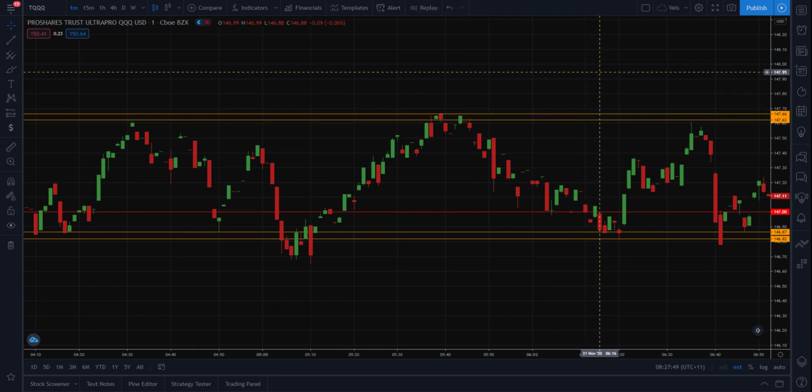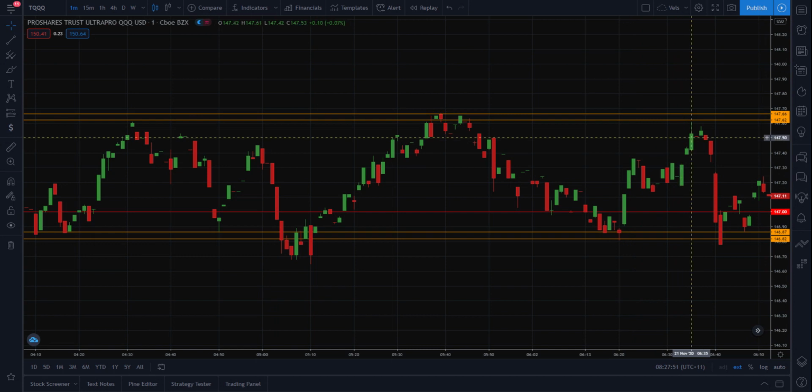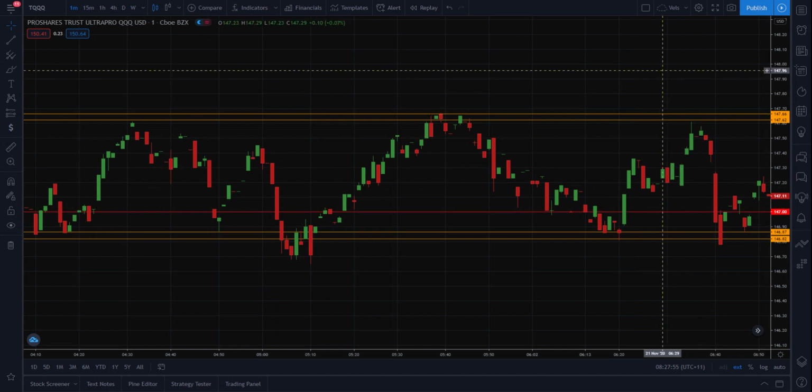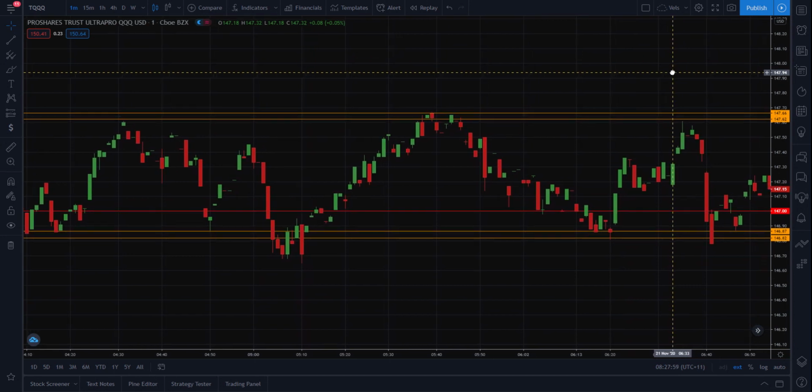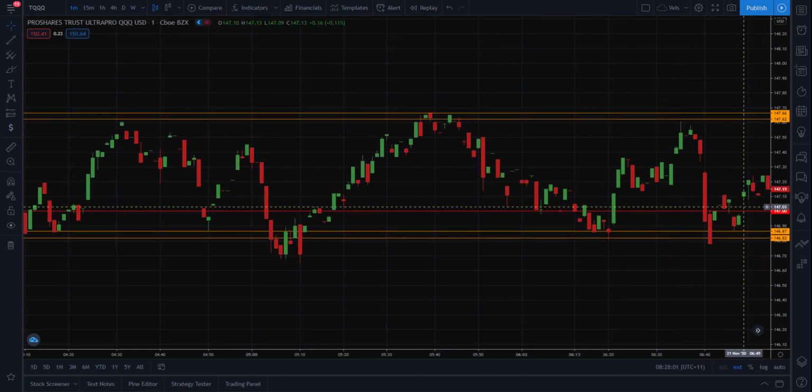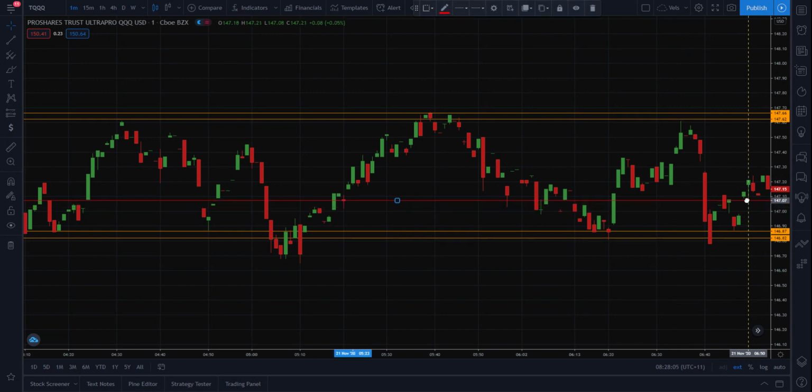Now, if it goes back down to $147, we are going to close the position. Goes up a little more, we may decide to move our stop loss up to maybe $147.10, for example.